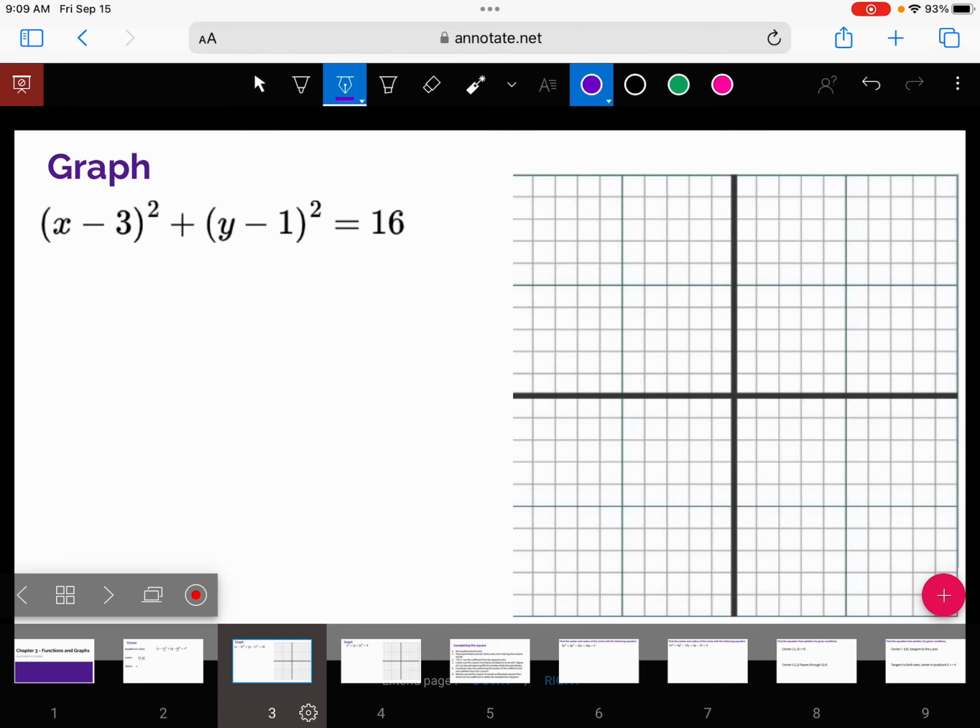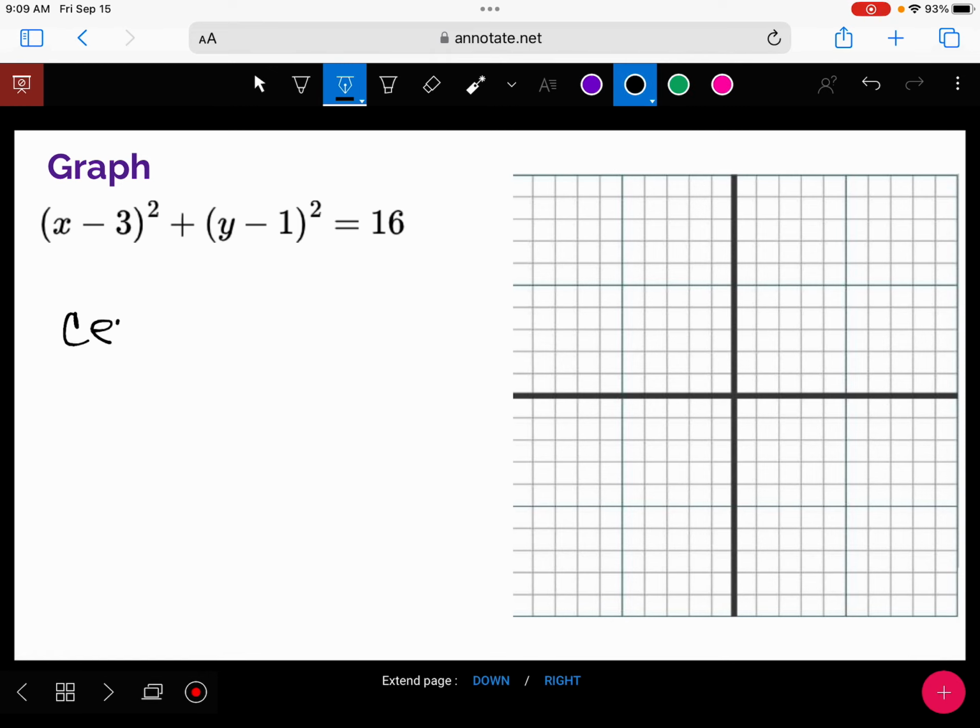All right, this is the circle we're graphing. So we're going to find our center. Our center, remember that's our H and our K. So where is our center going to be? Check your formula. 3 and 1.